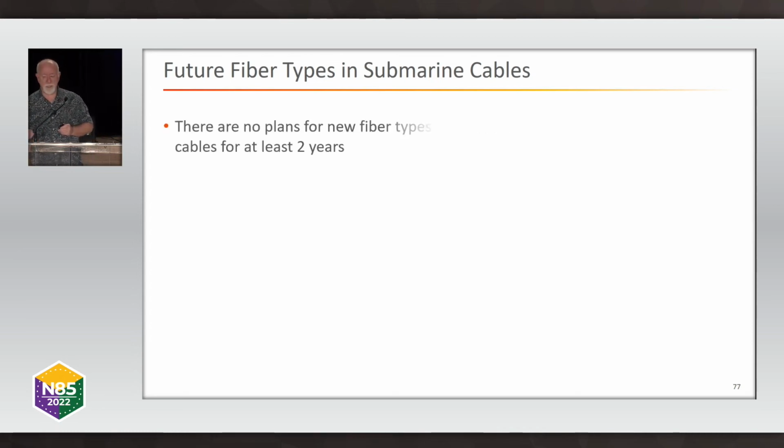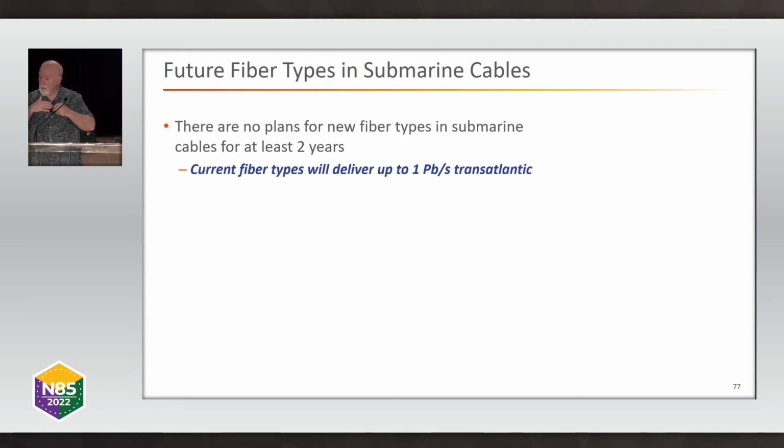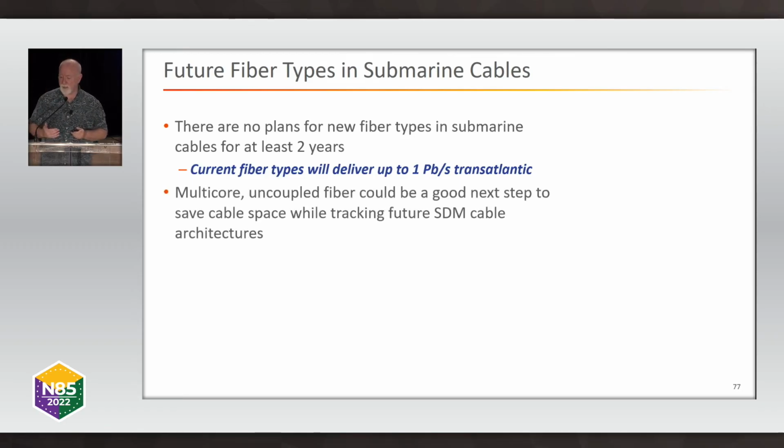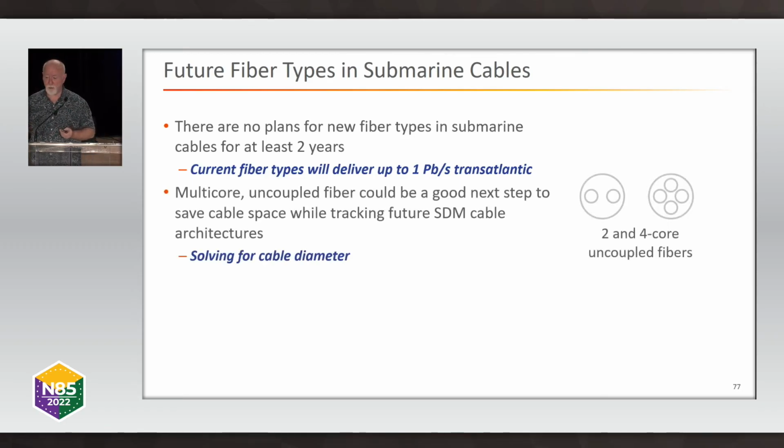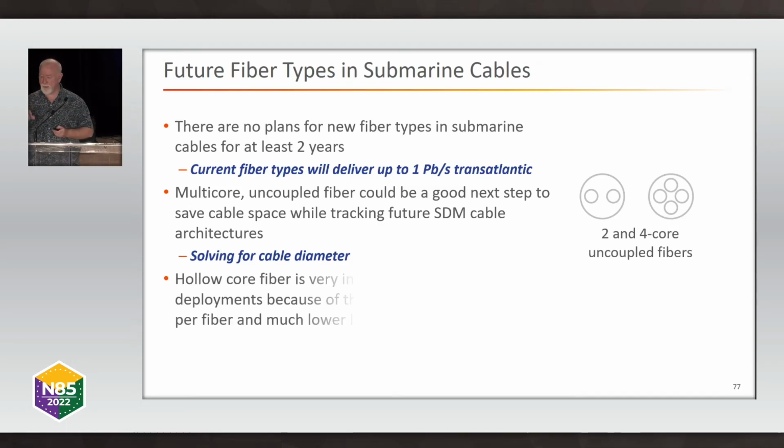So future fiber types in submarine cables, if you look at wet plant vendor roadmaps, there are no new fiber types for the next 2 years. So the current fiber types will deliver up to this 1 petabit transatlantic performance. But beyond that, I think we probably have to start looking at multi-core uncoupled fibers. That would be a good next step. And that solves for that cable diameter problem.